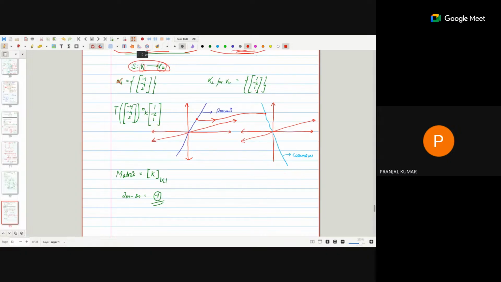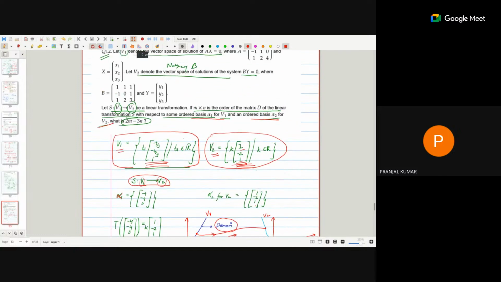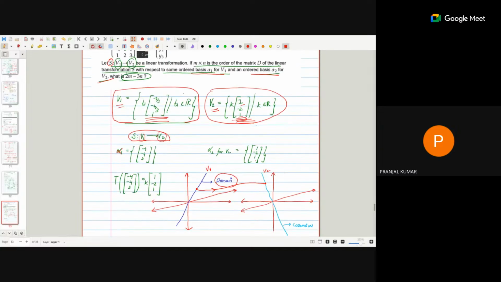Now see, this is your domain, which is represented here. So this is your V1, and this blue line is your V2. Now you don't know the specific definition of S, but you know that if I input a vector, since my codomain is this blue line, my output will lie on this line. Yes or no?